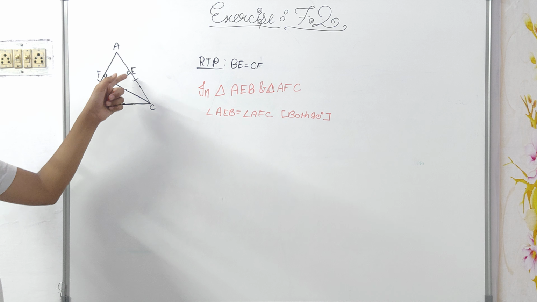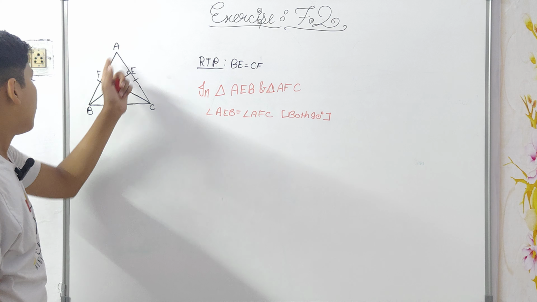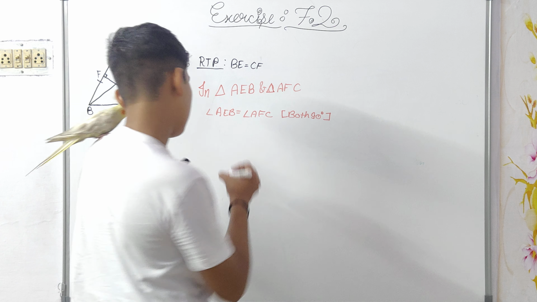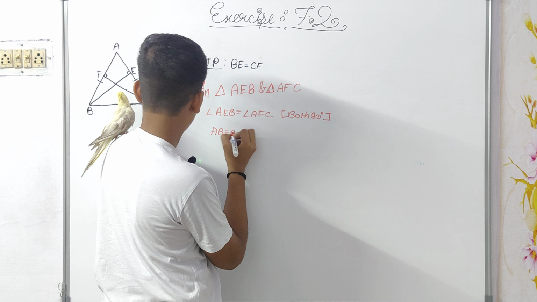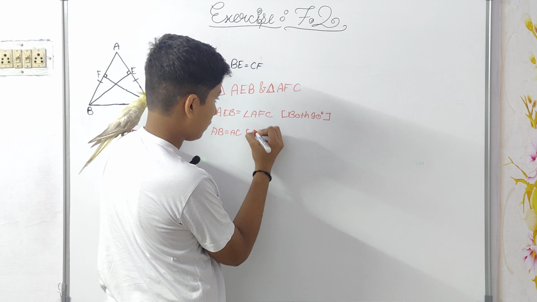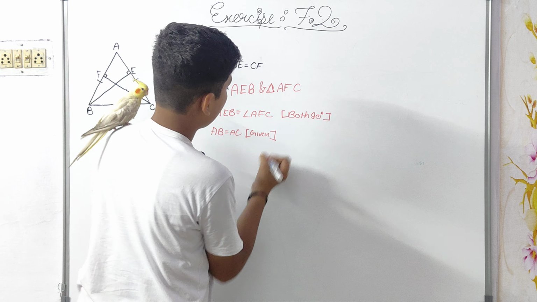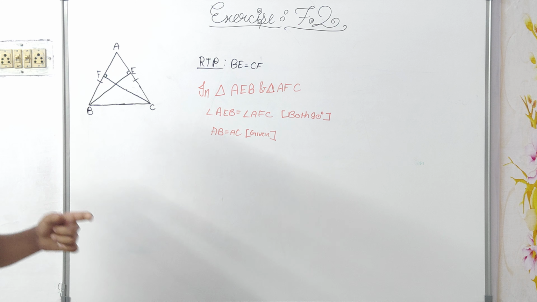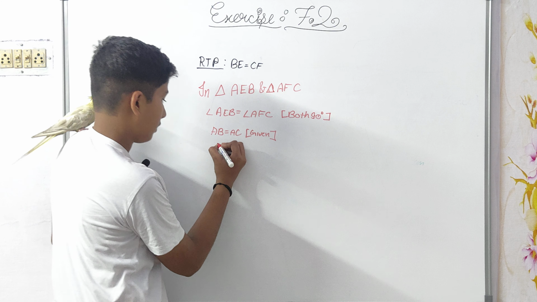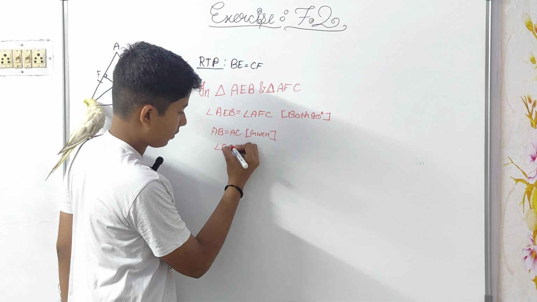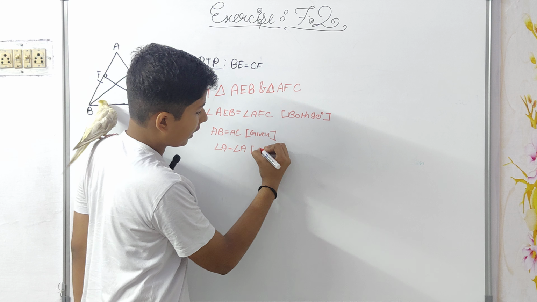Now what is given? AB equals AC, given. Now at last, what is more given? Angle A is common, and here we write common.